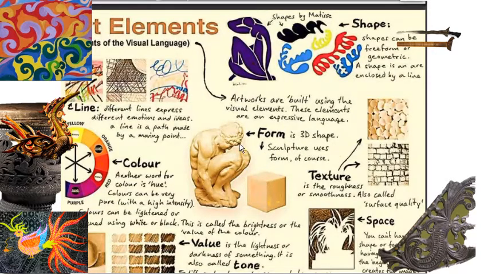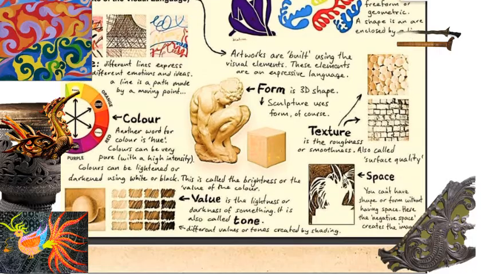Form is like a 3D representation of the shape. Sculpture uses form, of course. Texture: you can create artificial and natural texture depending on the medium, and on what texture you want the viewer to see.